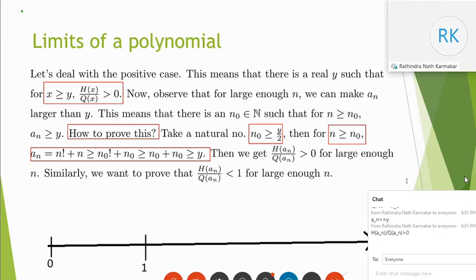We showed that for sufficiently large x, h of x by q of x is greater than 0. And by making n large enough, we made an larger than y. So then we get h of n by q of n is greater than 0 for large enough n. So did you get this part of the argument? This is how we arrived at this h of n by q of n argument?